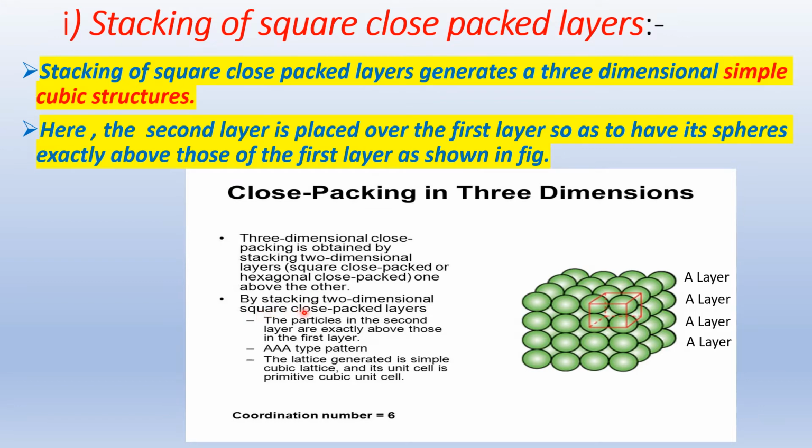By stacking two-dimensional square close packing layers, the particles in the second layer are exactly above those in the first layer, that is the A type pattern. The lattice generated is a simple cubic lattice and its unit cell is the primitive cubic unit cell or simple cubic unit cell.